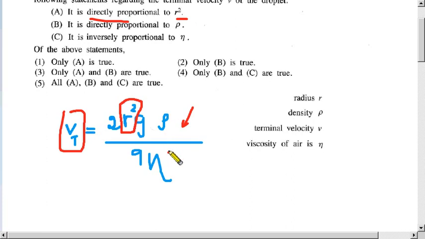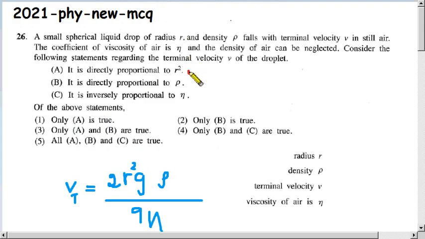If the variable is in the denominator, we say inversely proportional. So the first one is correct, because r squared is in the numerator region.